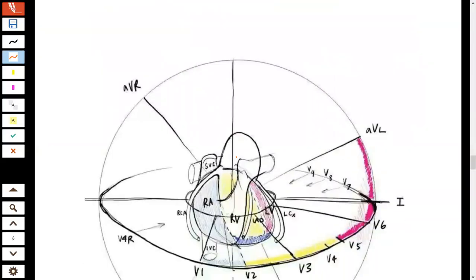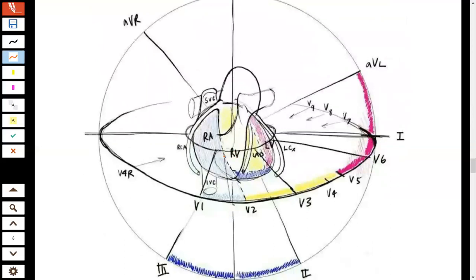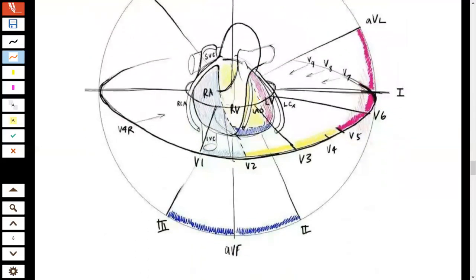Now moving on to the next one, this is the 3D view. You can see which part is involved by the segments and which parts can be easily identified pathologically on the ECG. So here's limb lead 1. If there is any pathology in this part, it will be clearly seen in limb lead 1.